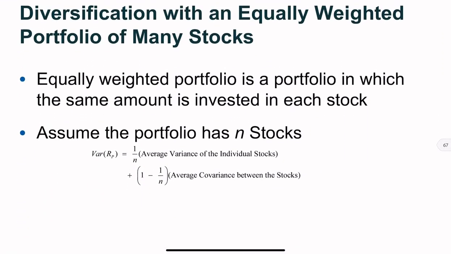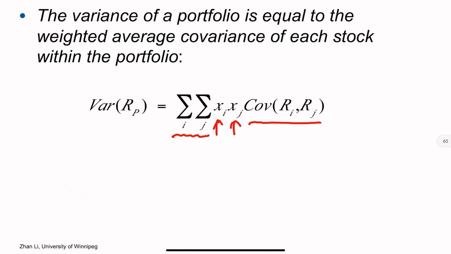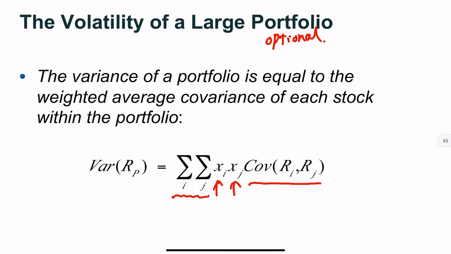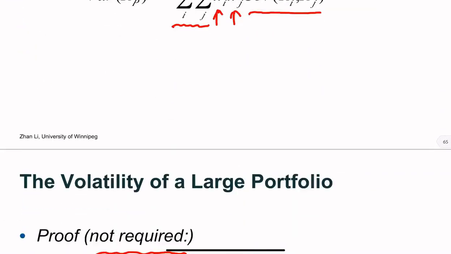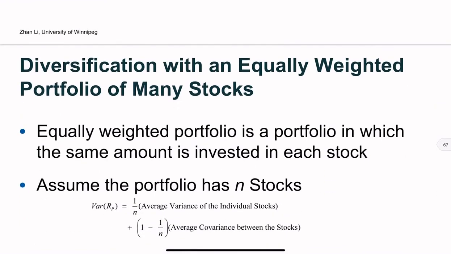Okay, now let's see a special case, right? As I said, this formula is not required. However, now we will talk about a large portfolio with many stocks. This is a very special case because it is equally weighted.